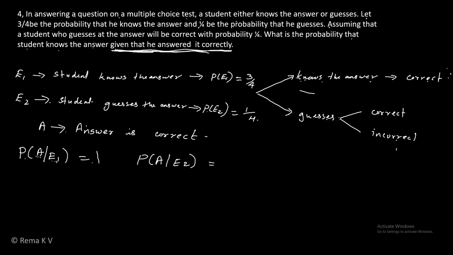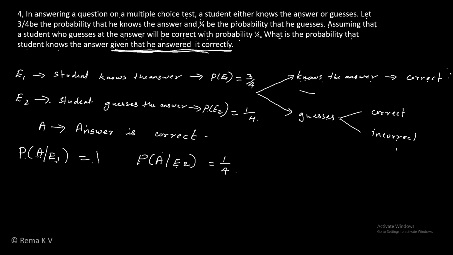See, a part is left here. Assuming that a student who guesses at the answer will be correct with probability 1 by 4. So if he guesses, the answer will be correct with probability 1 by 4. It is given in the question. Okay, so all the requirements are here.